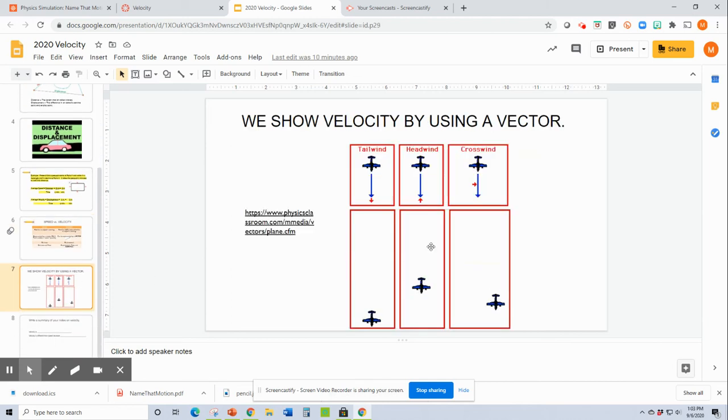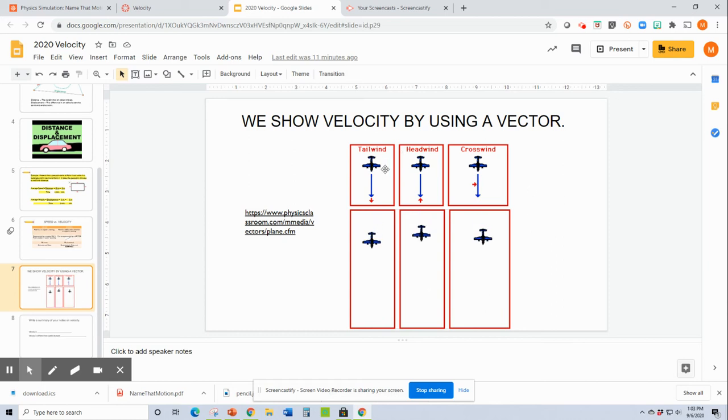We wanted to show you not only meteorologists or weather people, but pilots also depend on velocity. We wanted to kind of give you an example of how those vectors can look.